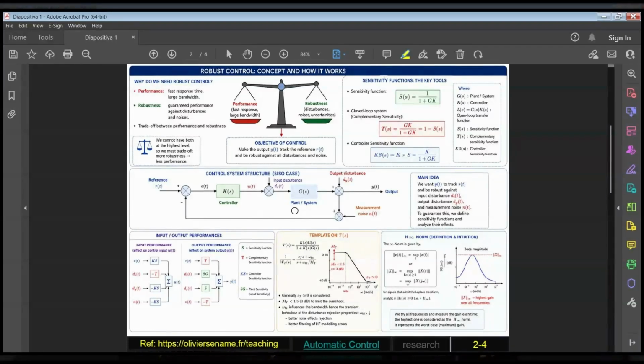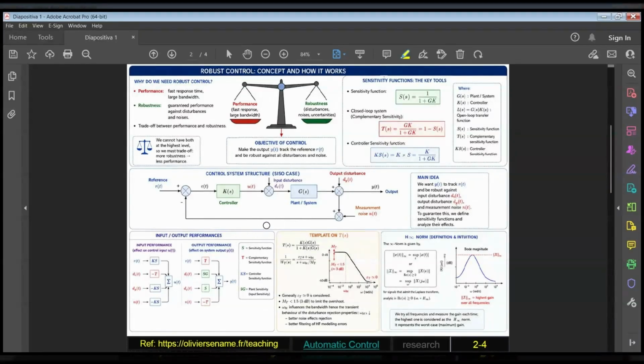I want the output Y to track the reference R. However, in reality, we also have input disturbances, output disturbances, and measurement noise. Therefore, the real objective is to track the reference while rejecting disturbances and noise.